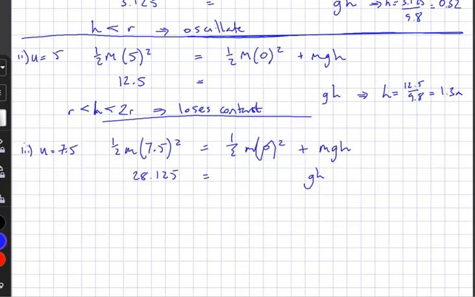I divide by m, and the height ends up being 2.9.